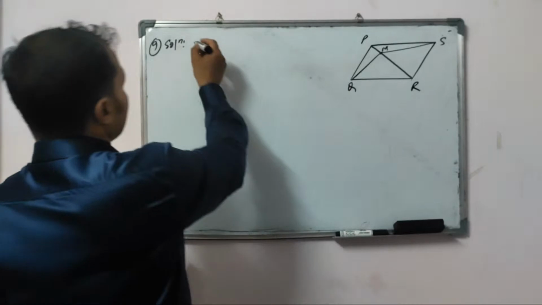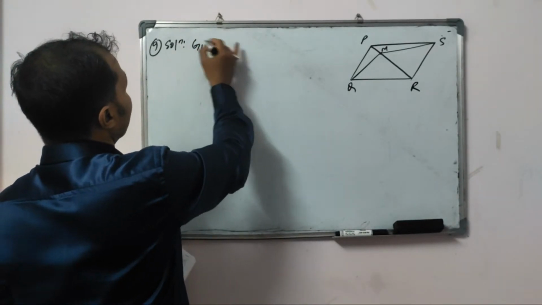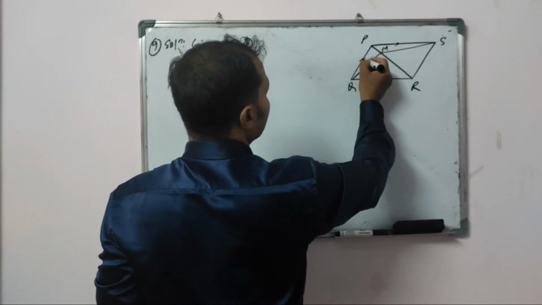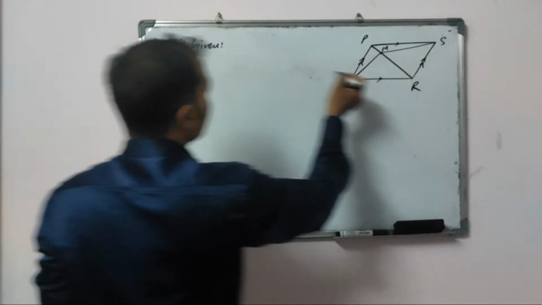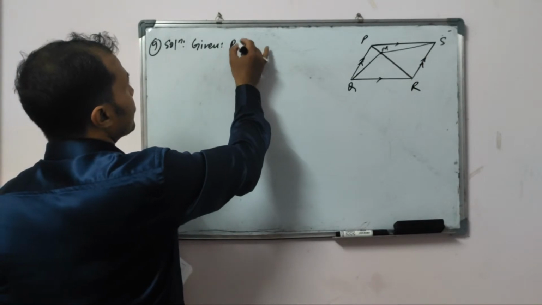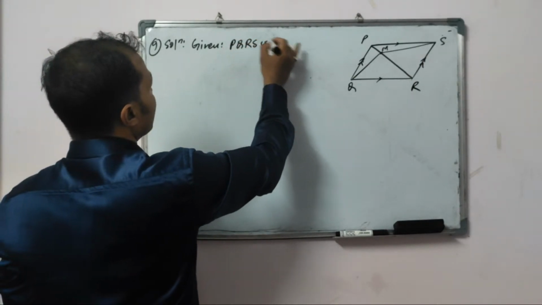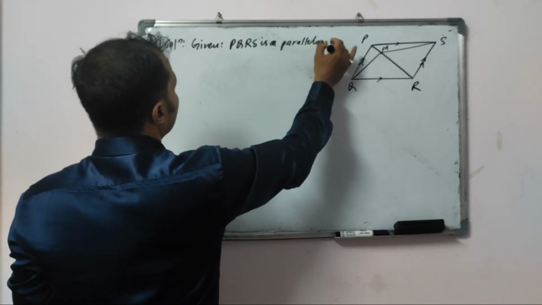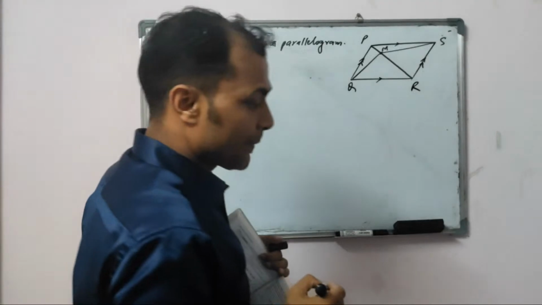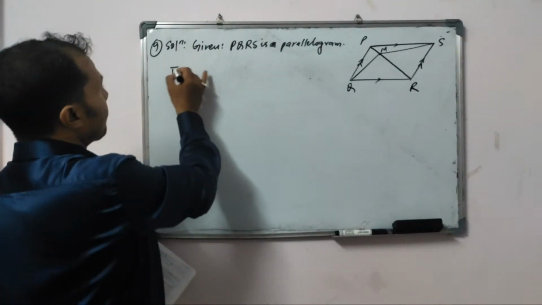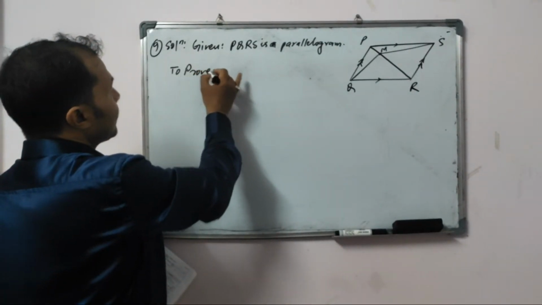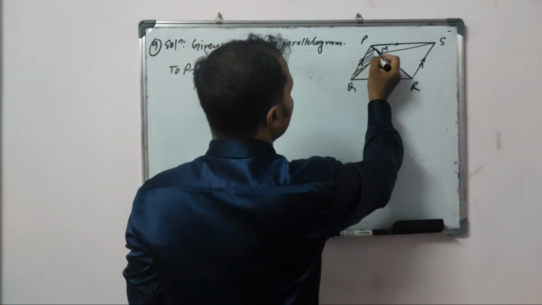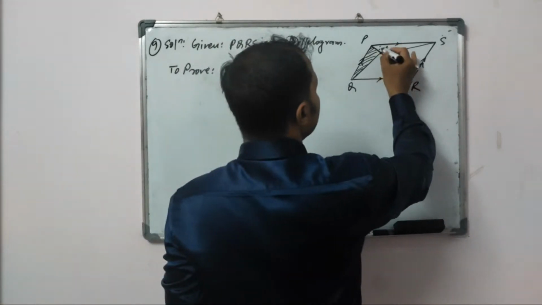Okay. Given, what is given? PQRS is a parallelogram. Okay? This is a parallelogram. What is to prove? See this triangle, area of this triangle equals to area of this triangle.